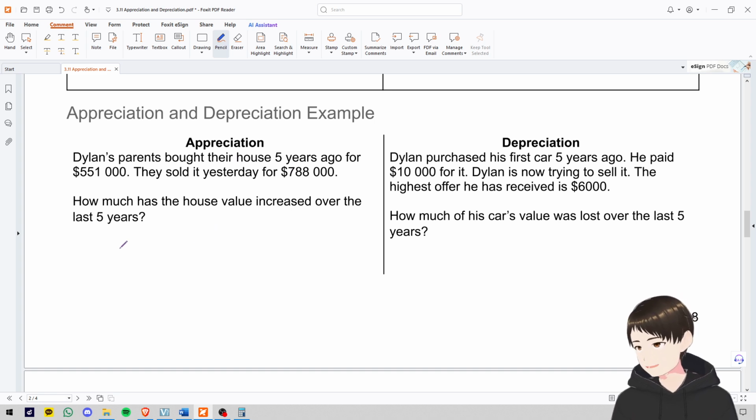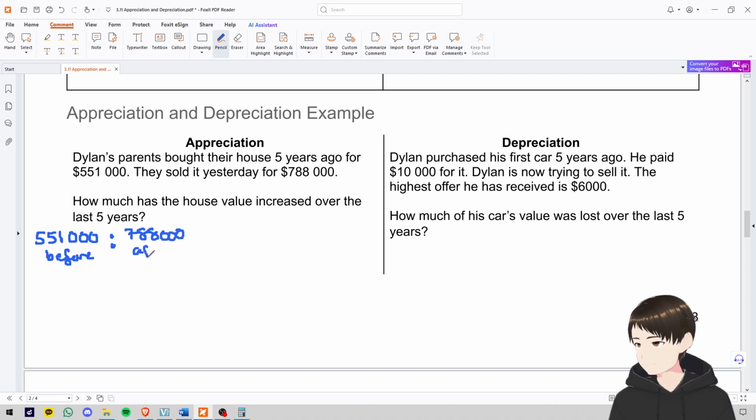Here's one way you could do it, using ratios or fractions. For example, the ratio is going to be before to after, which is the same as 100% before to X% after.